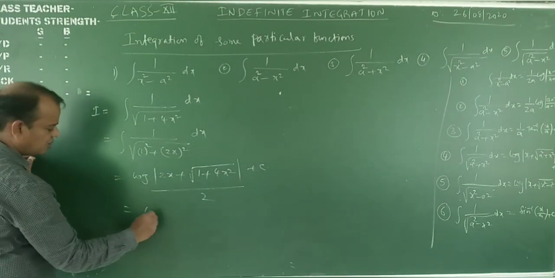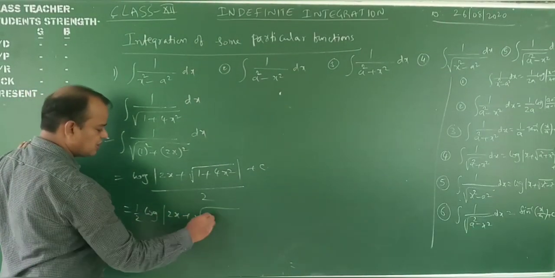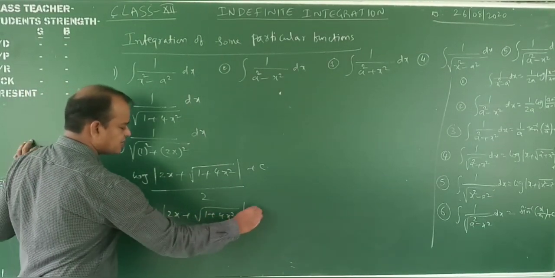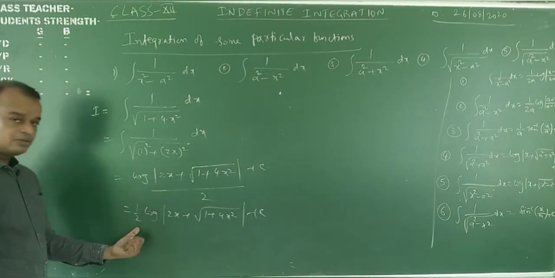That equals 1 by 2 log mod 2x plus root over 1 plus 4x square plus c. Whole divided by 2.